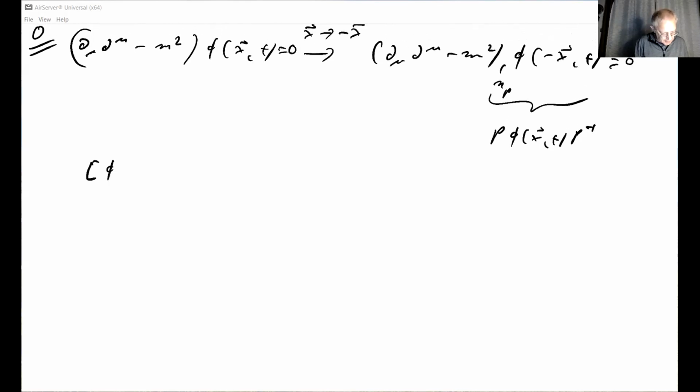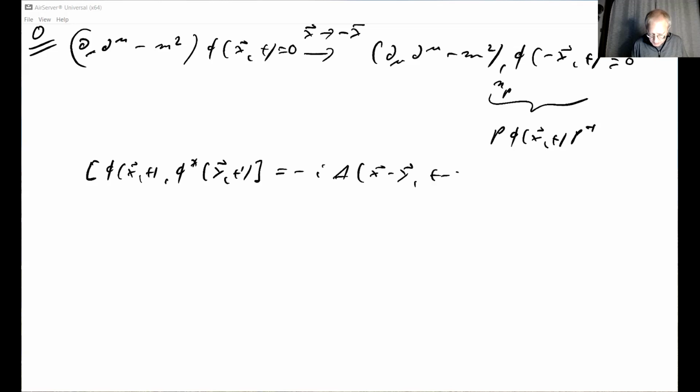If I have psi of x and t, and then I commute it with phi of y and t dash, let's say, then I have minus i delta x minus y at t minus t dash.